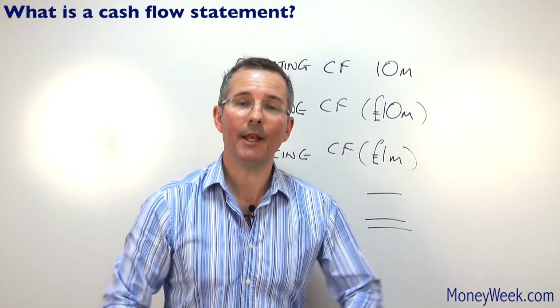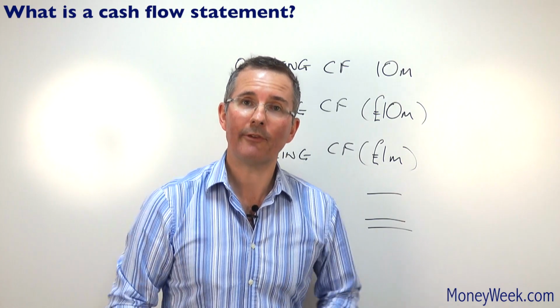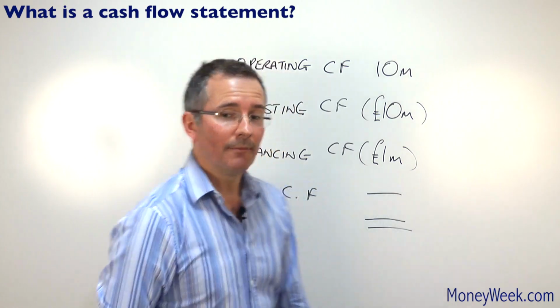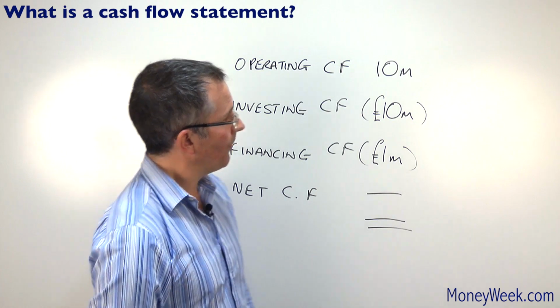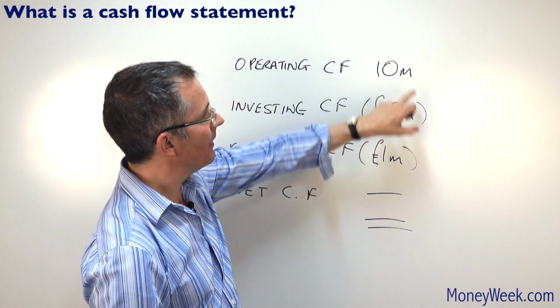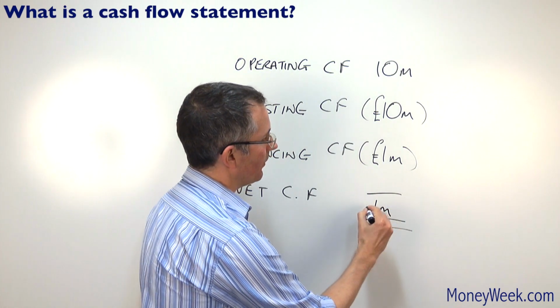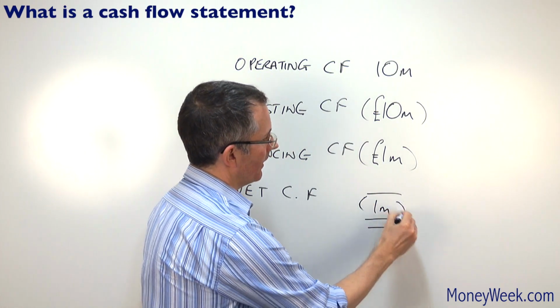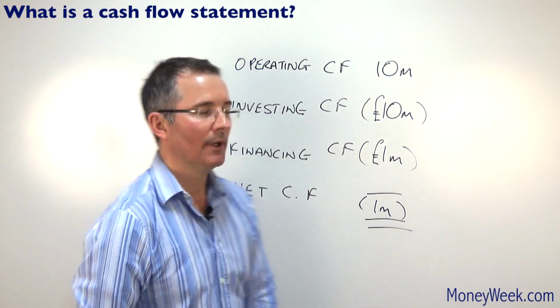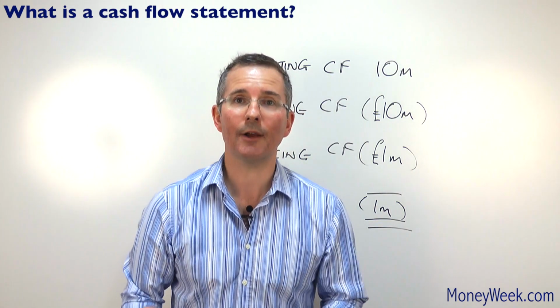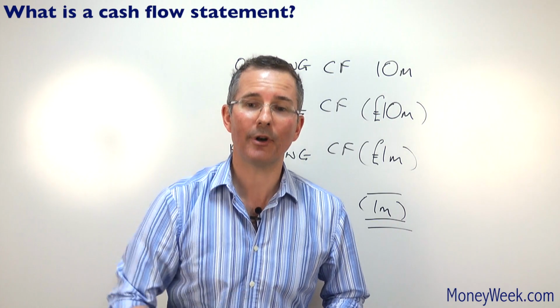If you look that up in a typical published cash flow statement, it'd be called something sensible like that. So actually, overall, 10 million in, 10 million out, that gives us a £1 million negative cash outflow, net cash outflow. So the business has chewed up cash over this 12-month period from 3 simple transactions.